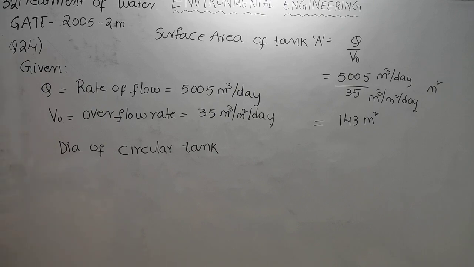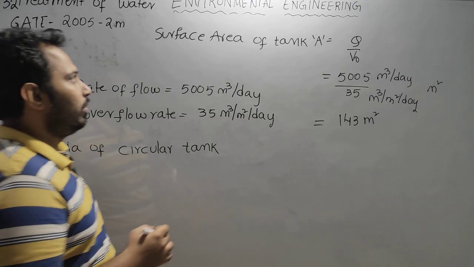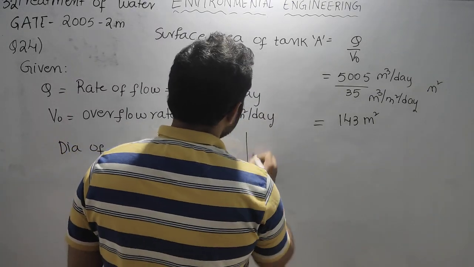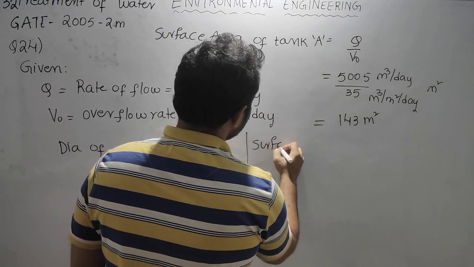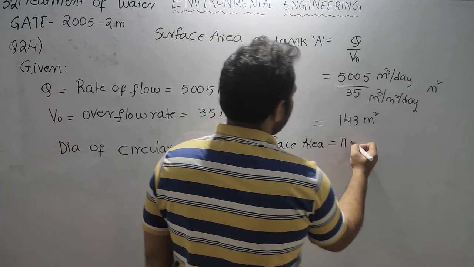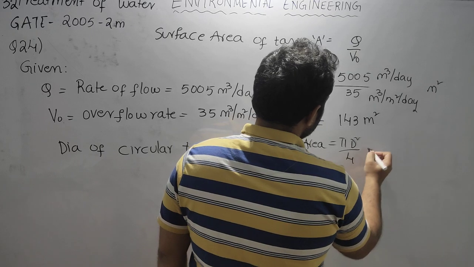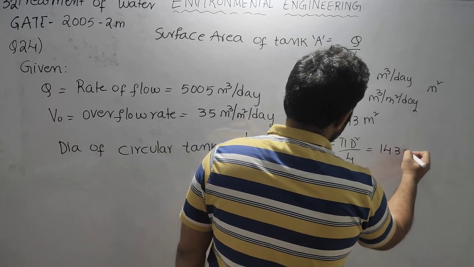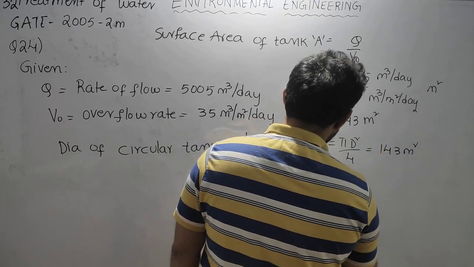Now pi d square by 4. Surface area is equal to pi d square by 4, which is equal to 143 meter square. So from here we can find the diameter.